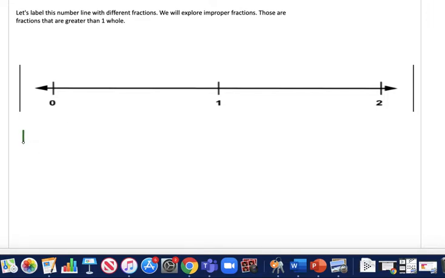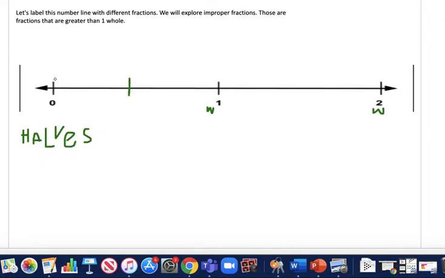First, let's do halves. This is a good place to start. Halves. So between 0 and 1, I'm going to put a W, and that just represents whole. Between 0 and 1 whole, I'm going to split it right in the middle. That's half.